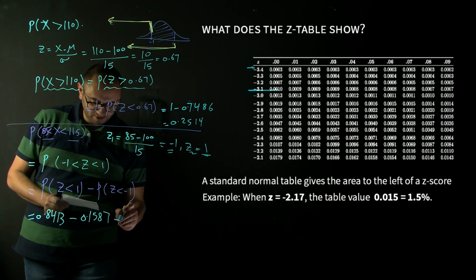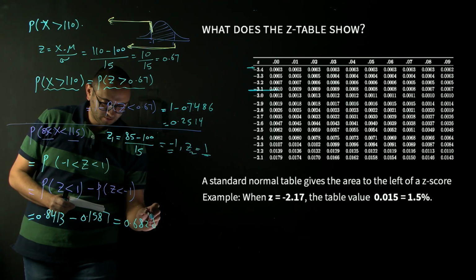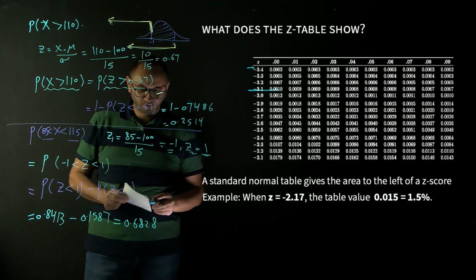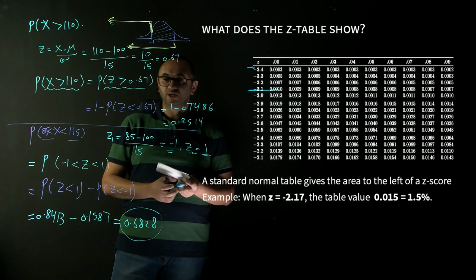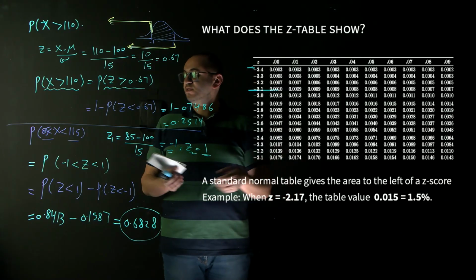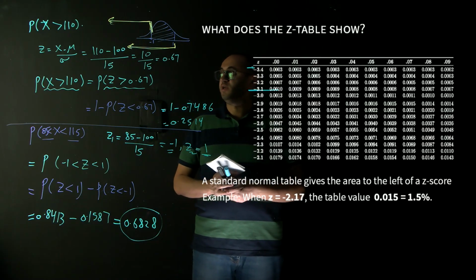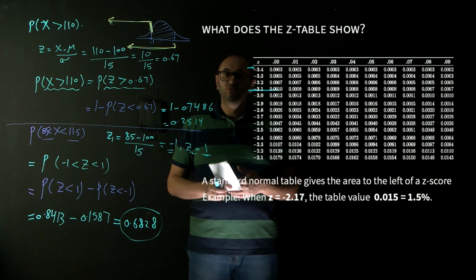So once you subtract, the answer is 0.6828. All right, so the area is about 68.3%.